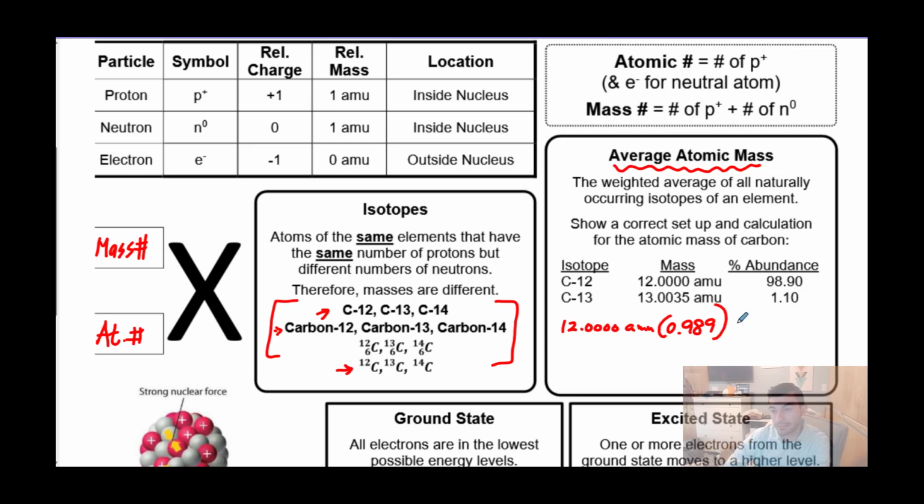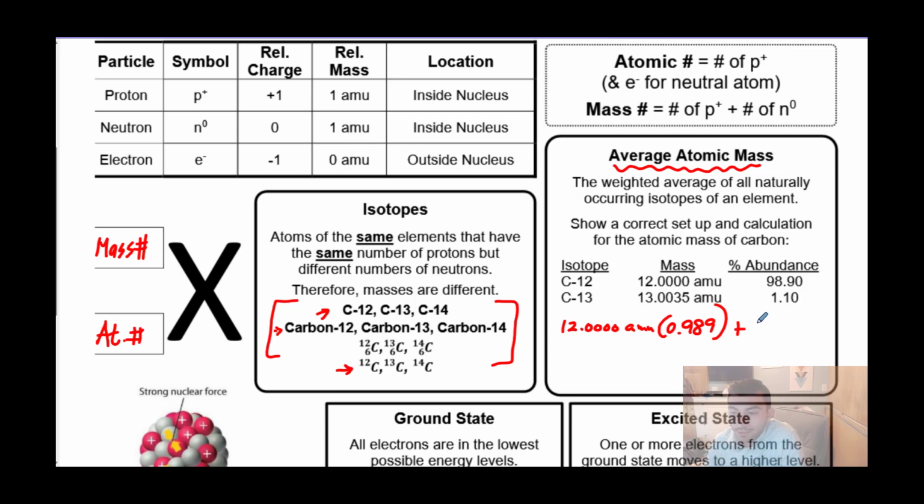How abundant is it in nature? So what that percent abundance means is really that of all of the carbon atoms that exist in the universe, at least here on Earth, 98.9% of all carbon atoms are going to have a mass of 12 AMU, where 1.1% are going to have a mass of 13.0035 AMU.